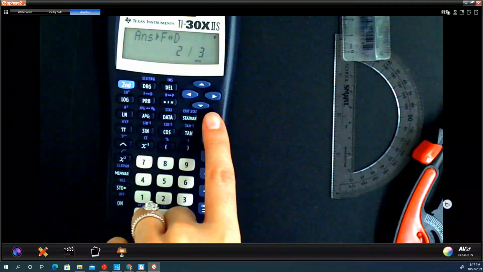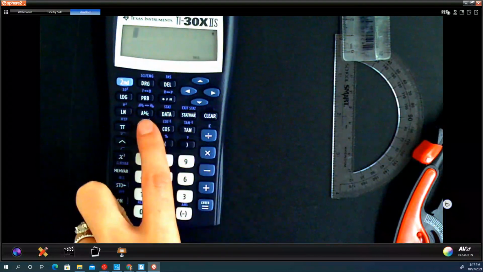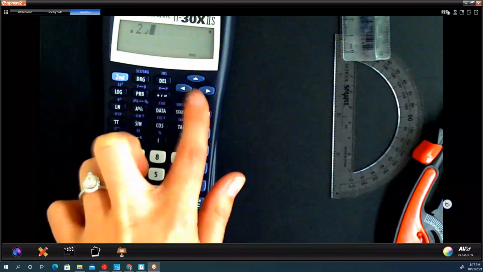Another way to get fractions in your answers is to use this fraction button. So instead of typing 2/3 as a division problem, like 2 divided by 3, you can use this button, type the numerator, hit this button, 2/3, and it'll keep it as a fraction for you.